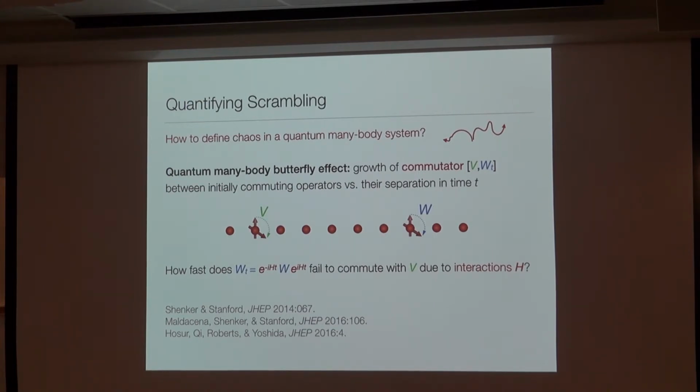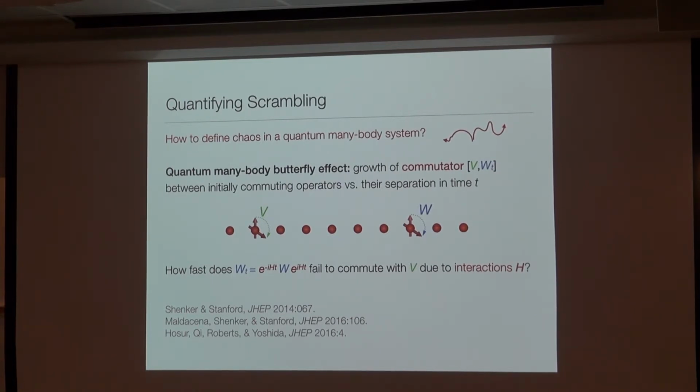At equal times, these operators commute. But if I think about the Heisenberg operator at a later time, it might fail to commute due to the fact that there are interactions in the intervening time in this system. So asking about how this Heisenberg operator, where H is the many-body Hamiltonian, commutes with this operator V, or how large the commutator is, is some measure of to what extent information has spread across the system.